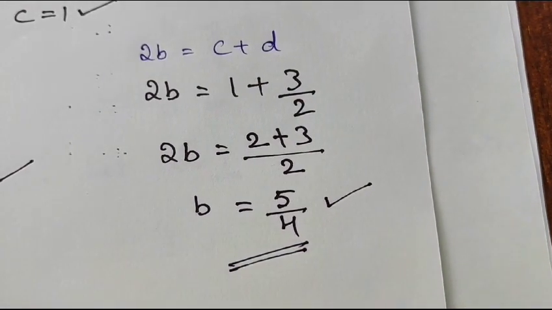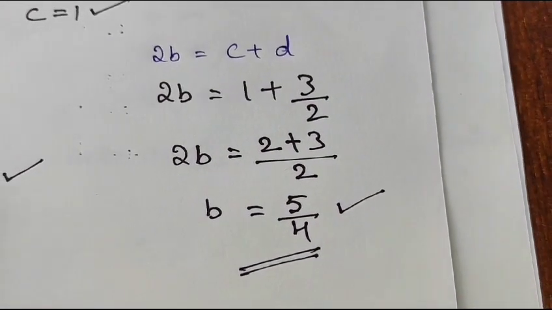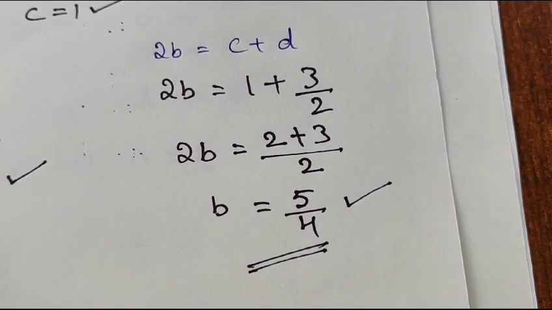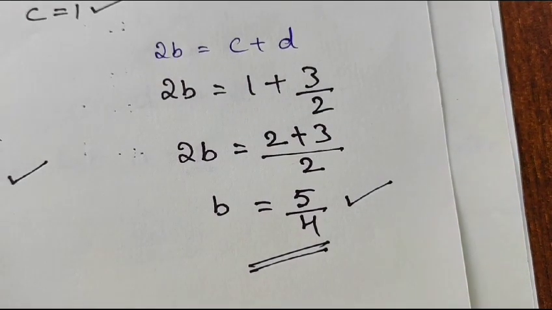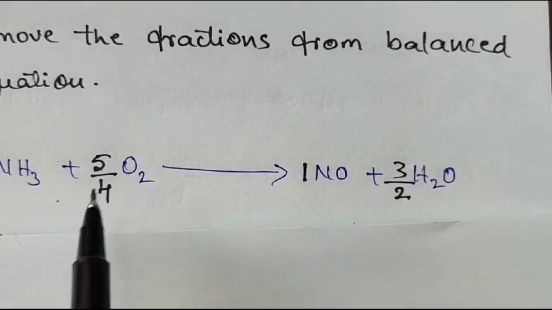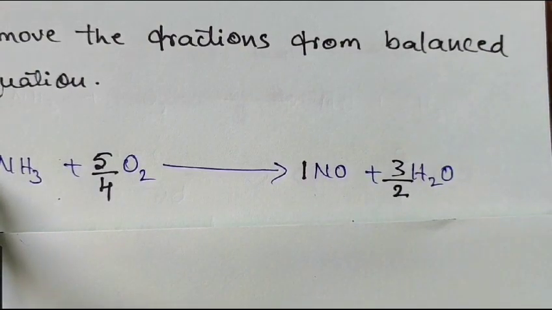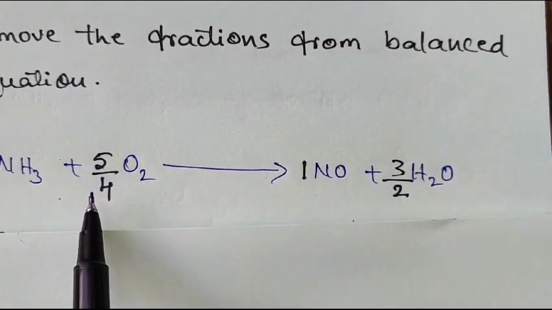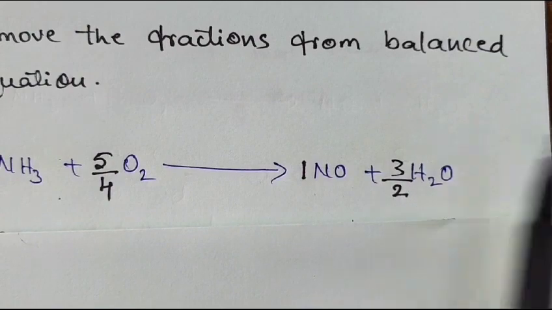Now let us put these values in the equation and balance the chemical equation by removing the fractions. So the next step is to remove the fractions from the equation. Since we have the values of A, B, C, D, we have placed A equal to 1, C equal to 1, B equal to 5 by 4 and D equal to 3 by 2.